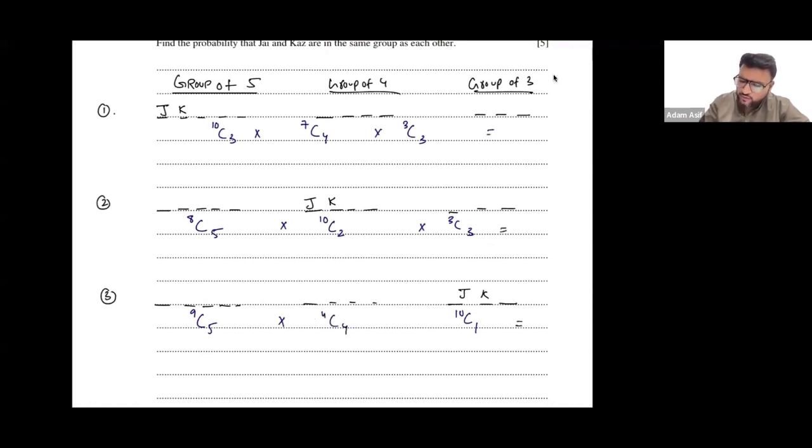So let's find out all the possibilities. 10C3 times 7C4 is 4200. 8C5 times 10C2 is 2520. And 9C5 times 10 is 1260. This makes up a total of 7,980 combinations in which J and K are going to be in the same group.